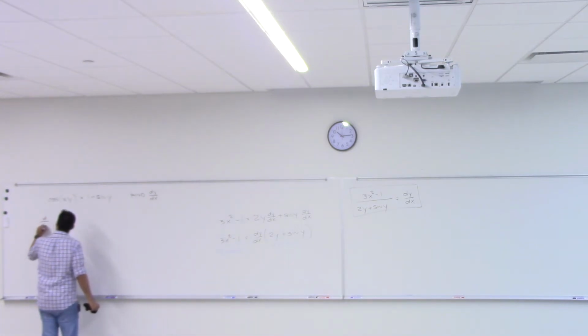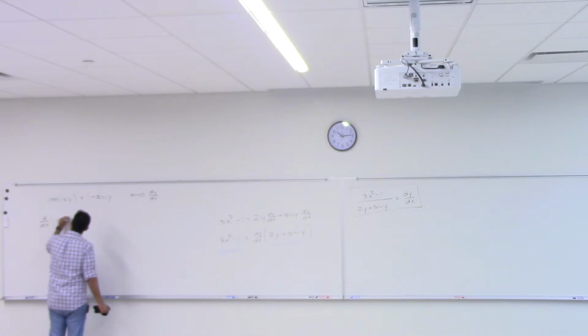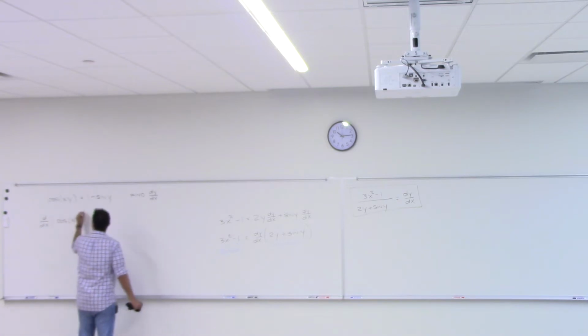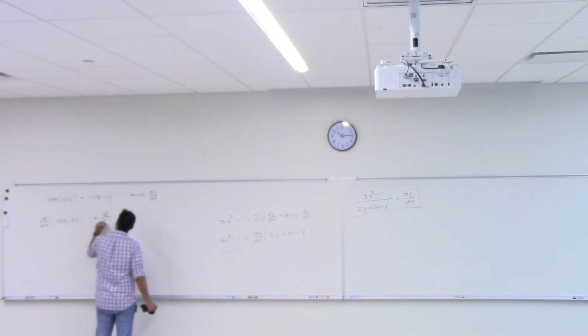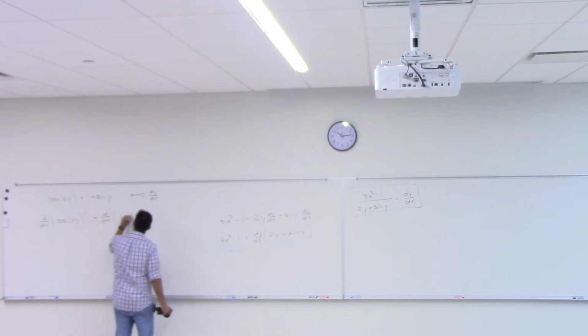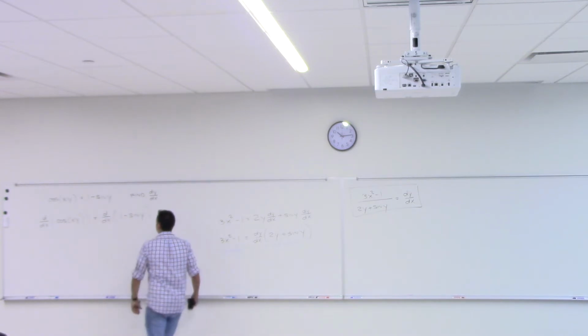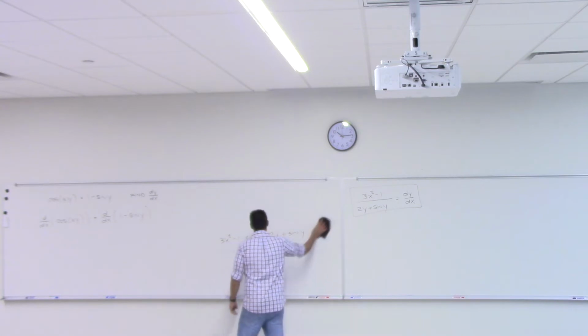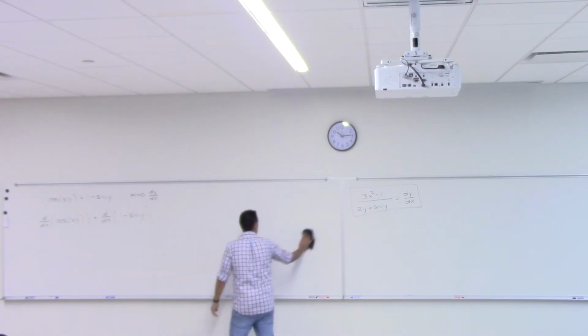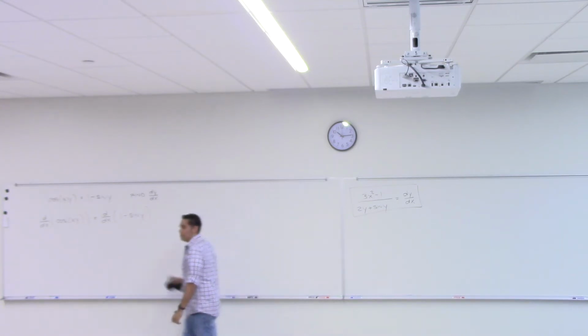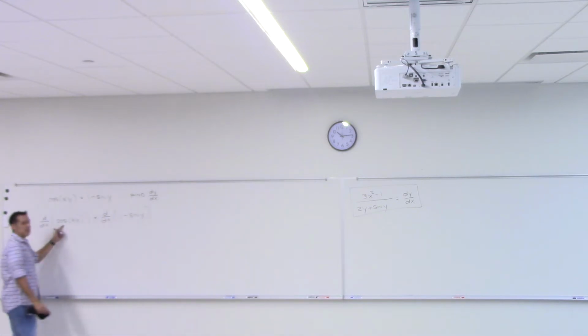d/dx of cosine of xy equals d/dx of 1 minus sine y. Implicit differentiation is about to happen. Over here, what am I going to do? Chain rule.